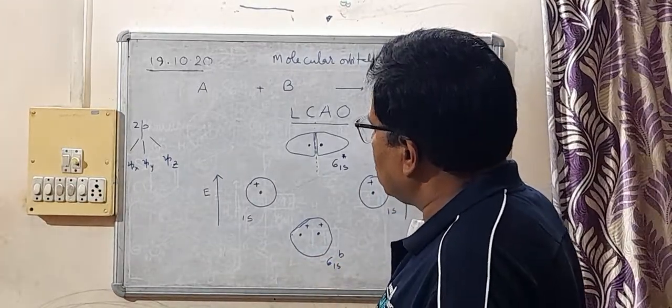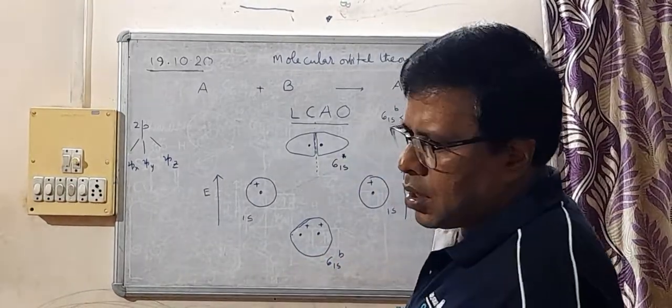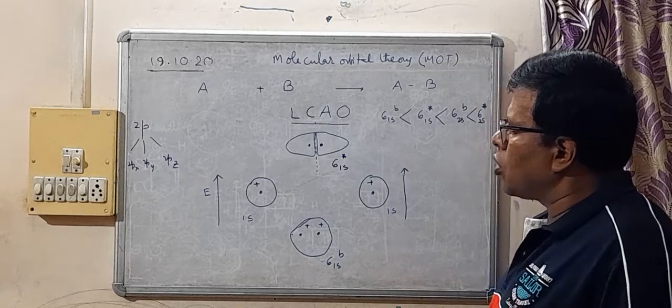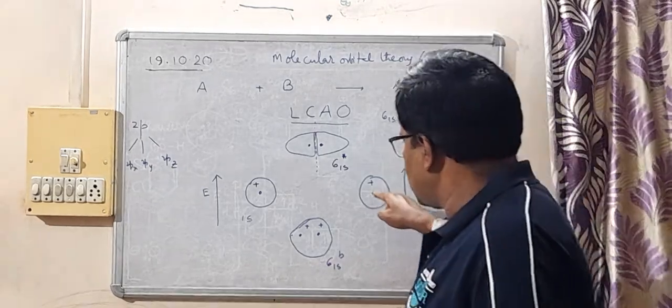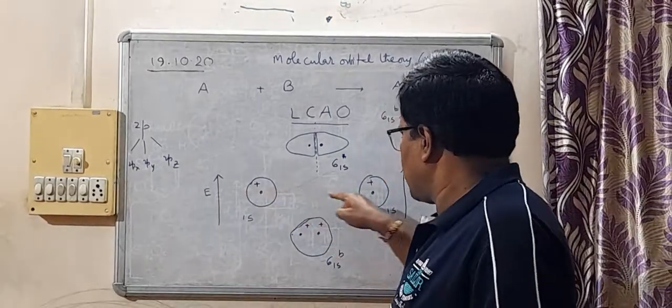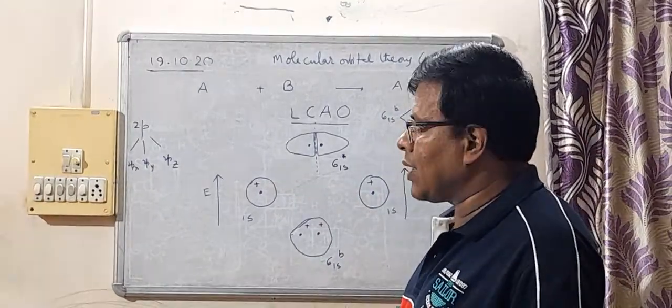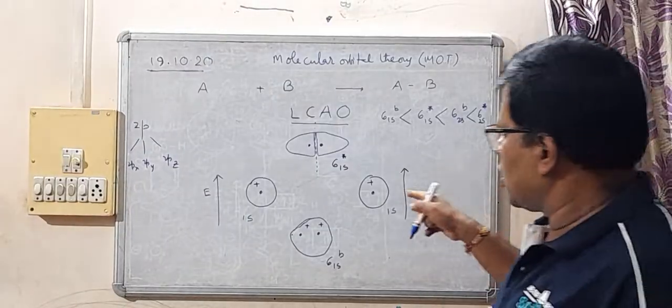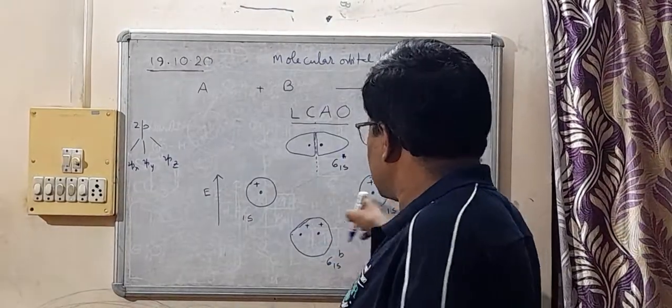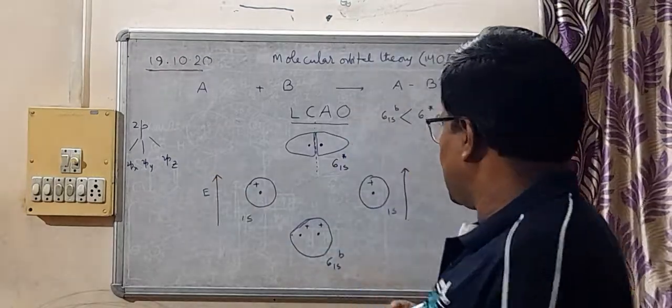Now one assumption which is considered in molecular orbital theory is the internuclear axis. The line joining the two nuclei is considered to be the z-axis. That you have to remember. The internuclear axis is considered to be the z-axis.